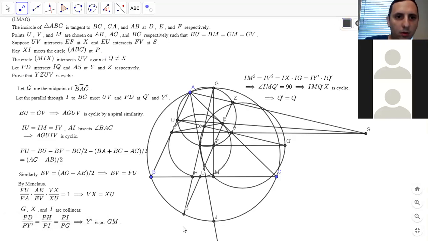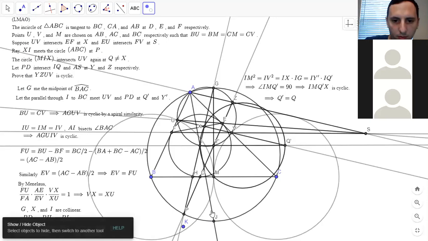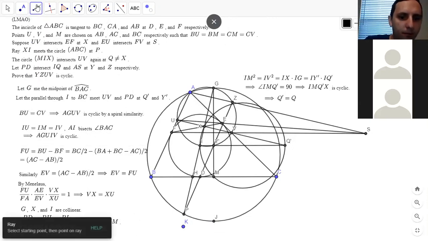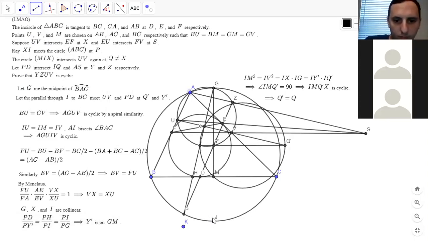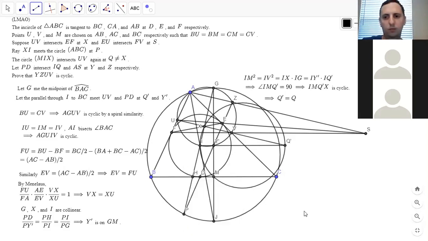Could you draw MJ? Hold on one second. So we need to prove that angle AIG plus angle GYP is 180, right?